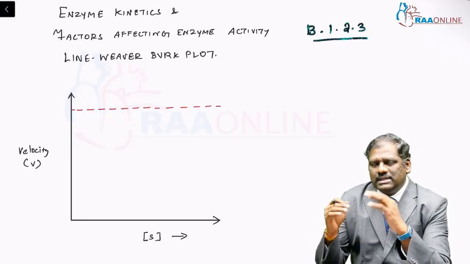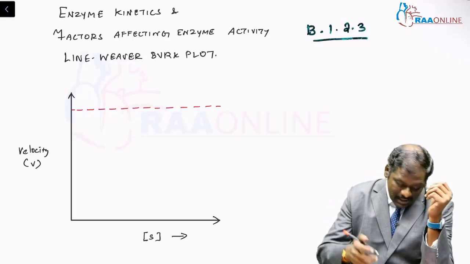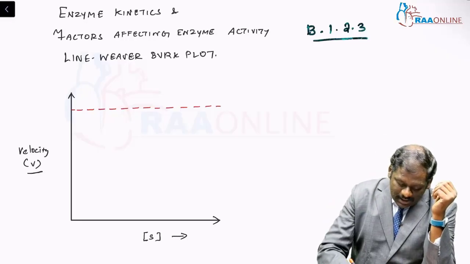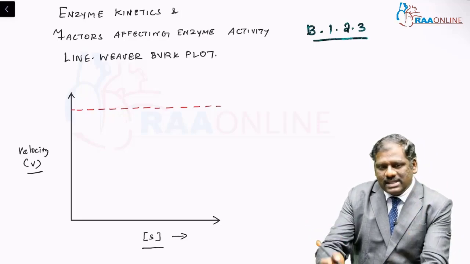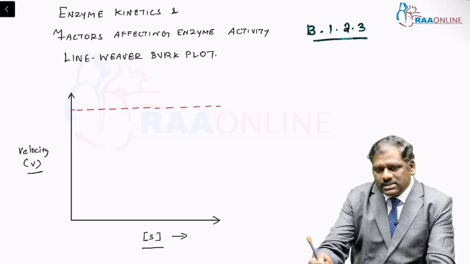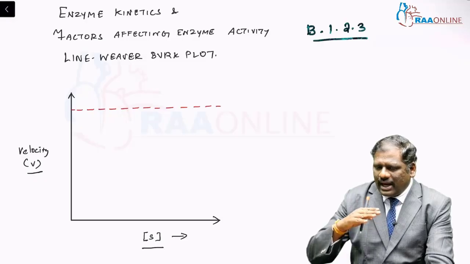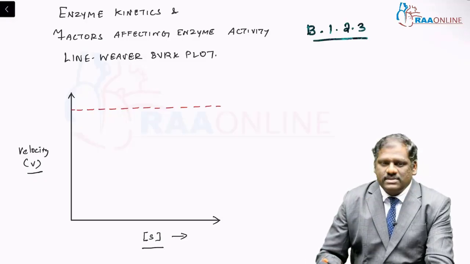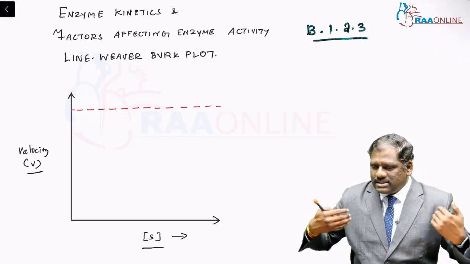Now, consider the velocity with which this reaction is proceeding as V, and consider the substrate concentration as S. Now, in the same beaker, you add some more substrate. You are slowly or gradually increasing your substrate concentration. So, the reaction is taken forward.